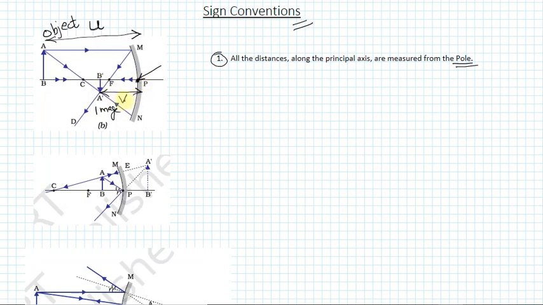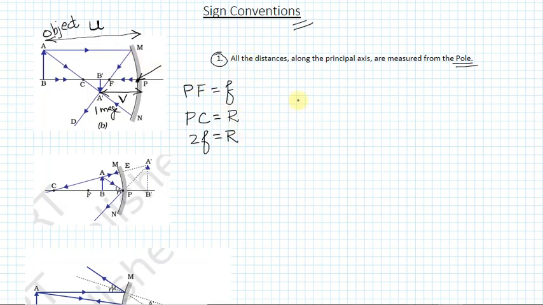It's represented by symbol v, right? And we have already done that this distance P to F is called focal length. It's represented by small f, and P to C is capital R, called radius of curvature. And we also know the relation that 2f equals R.